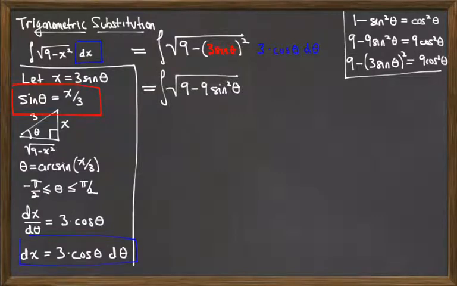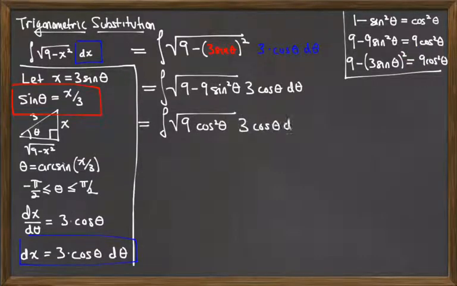Simplifying the expression, I have 9 minus 9 sine squared, and then I'll carry the 3 cosine of theta at the end. What motivated the substitution was the fact that 9 minus 9 sine squared simplified down to 9 cosine squared. So under the radical becomes a single term, and then we have 3 cosine of theta outside the radical.